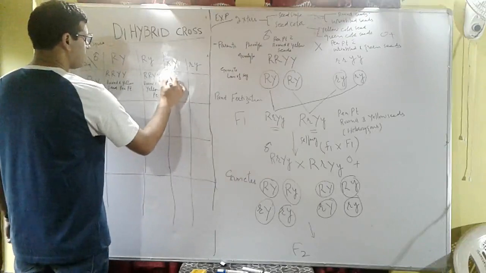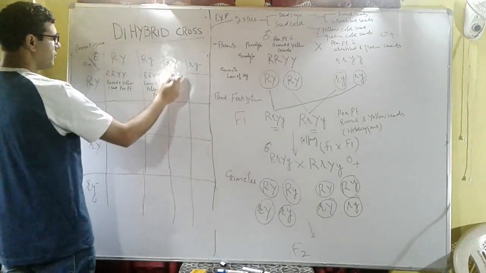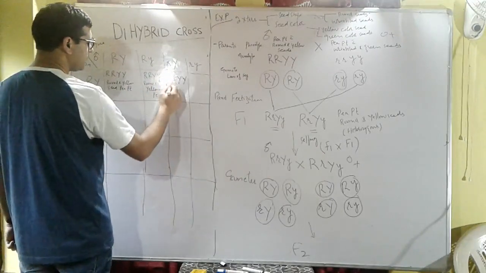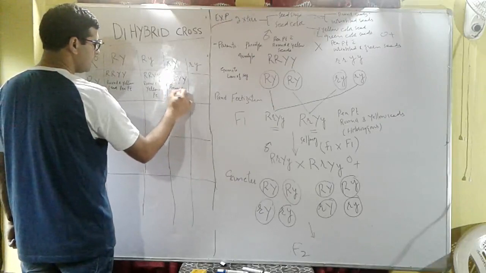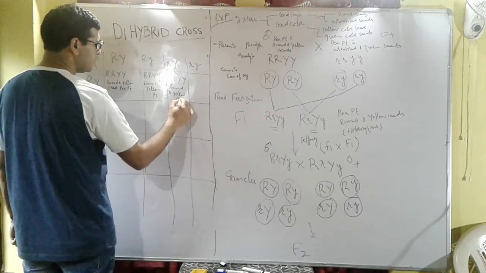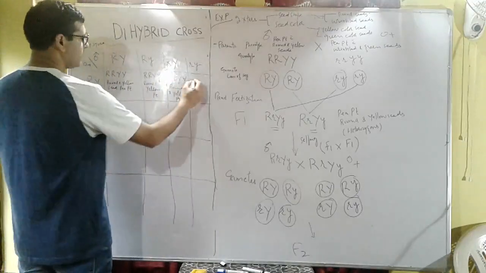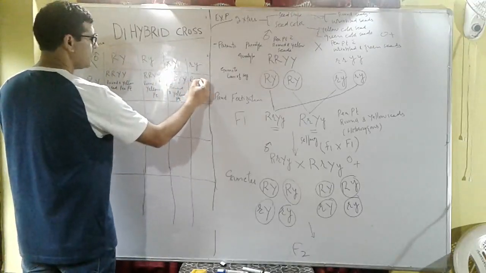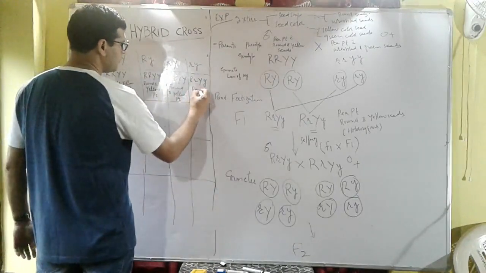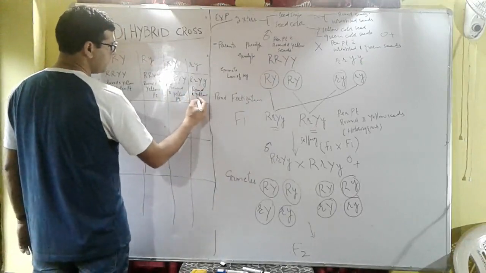Same is the case with capital R, small r, capital R, small r, capital Y. This is a round and yellow seeded pea plant. Same with capital R, small r, capital Y, small y. So this is also a round and yellow seeded pea plant.